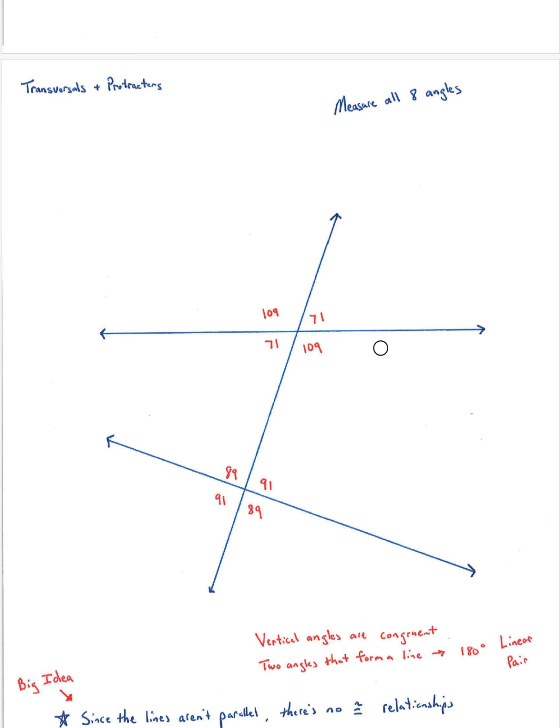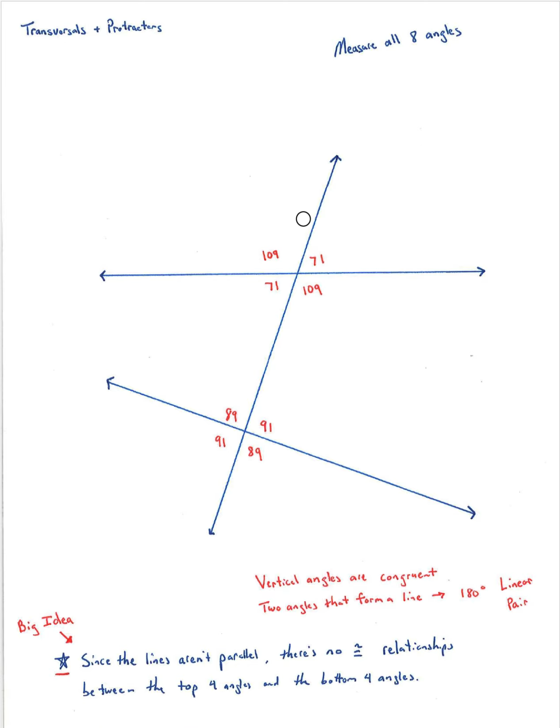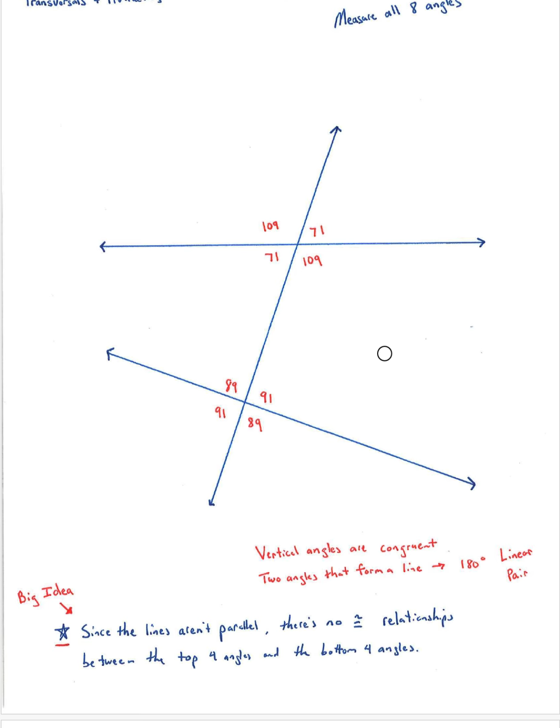Now on the second page, what I had you do is I drew a transversal, and I drew lines that clearly weren't parallel. And I want you to remind yourself of what we talked about previously. If you look at the vertical angles, this 109 and this, that 109, of course they have to be 109.